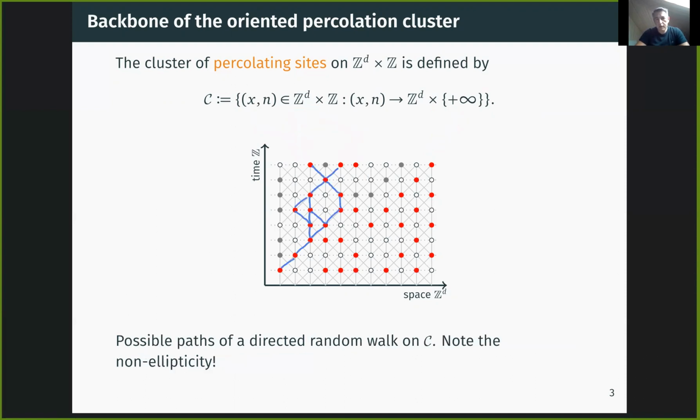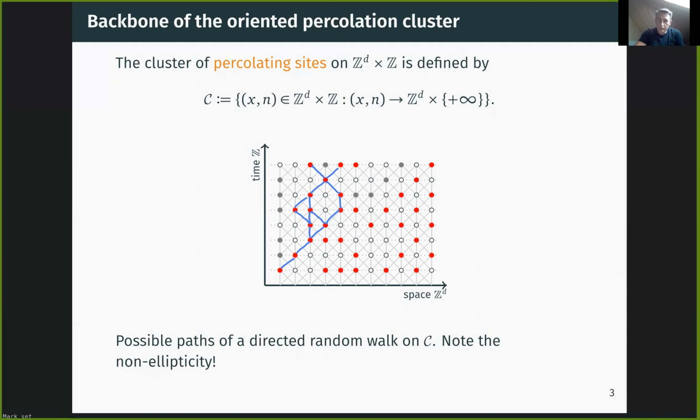On this cluster we can define a random walk. Here it is in blue, a random walk with a possible path in blue, so that it takes only steps on the sites from the cluster. It is clear that if I start on the cluster, then I can always choose uniformly one point from the cluster in the upper time slice.